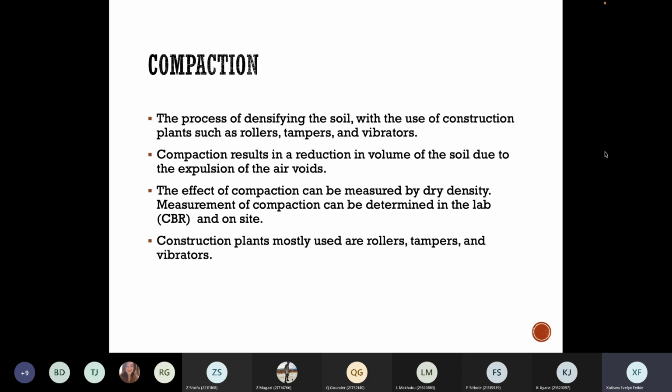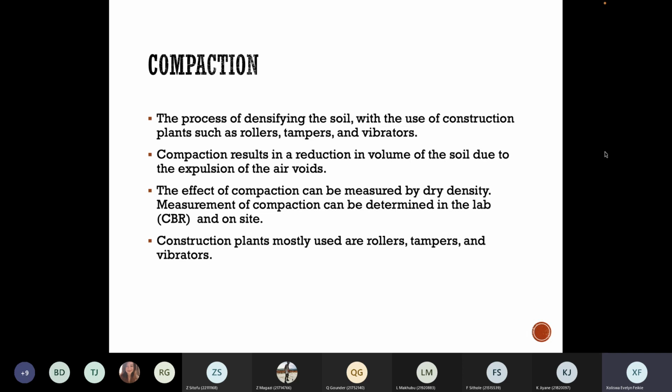And then we stopped at compaction, right? And we said we're going to continue from compaction moving forward, and conclude the chapter. So compaction, we said that compaction is the process of densifying the soil.